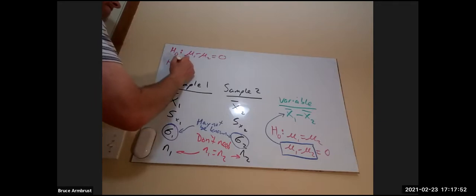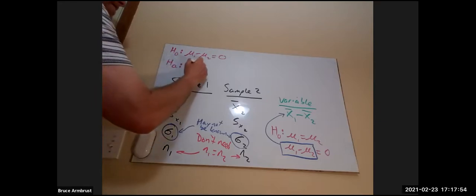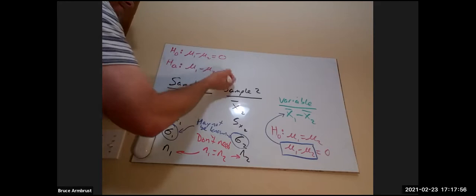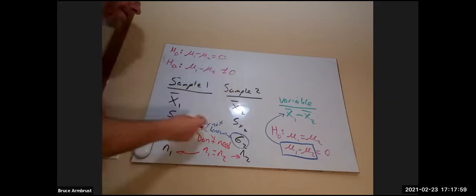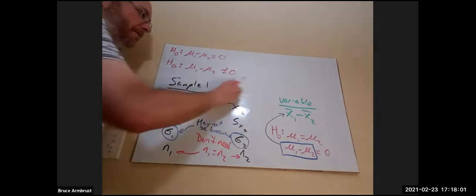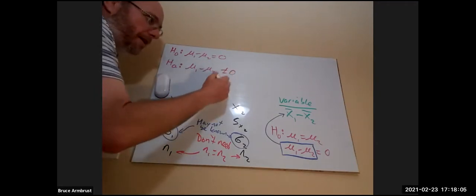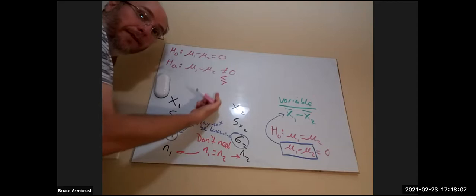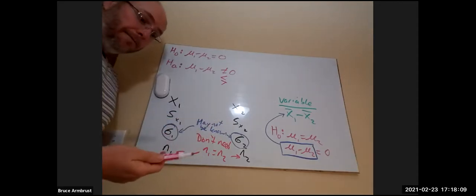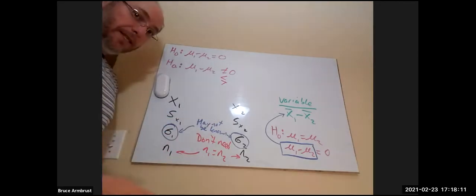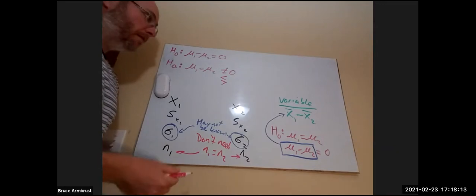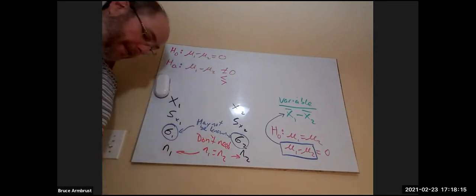And then your alternate hypothesis will be not equal to 0, or less than 0, or greater than 0. Again, we're going to be able to pick which ones of those we want, depending on what the question is. But it's always going to be, we're going to look at the difference in the two means.